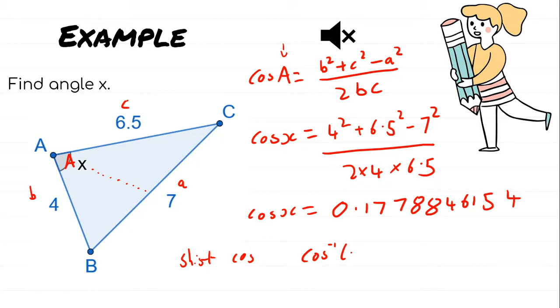I would type shift cos answer, and that's going to give you 79.7534319. Okay, so again, make sure that you're able to do that. If we want to do that to three significant figures, that's going to be 79.8 degrees, which is what we're saying this angle here is.